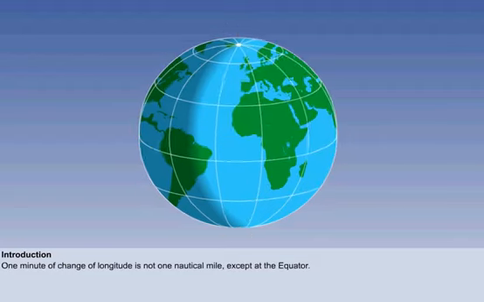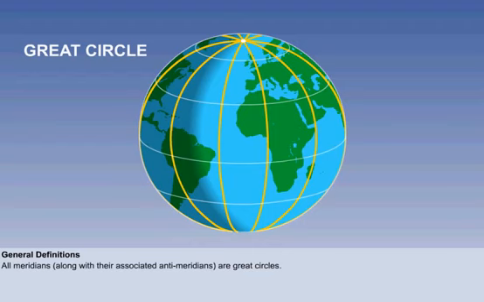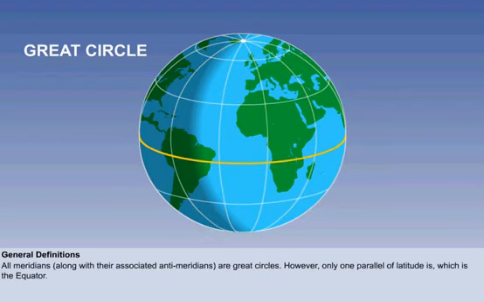We'll go back to some basic concepts. All meridians, along with their associated antimeridians, are great circles. However, only one parallel of latitude is, which is the equator.